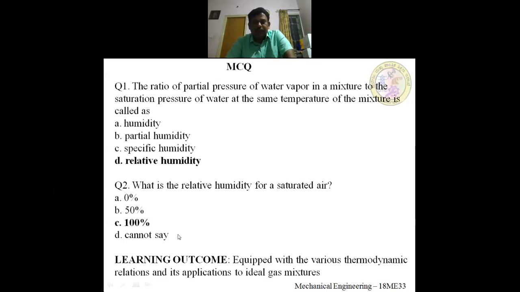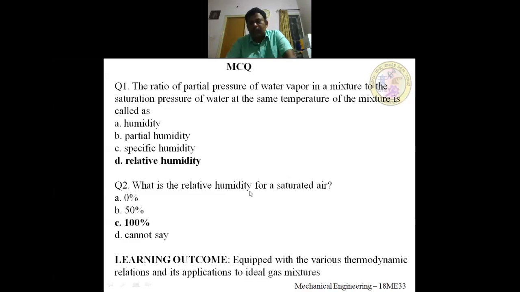With this, you are equipped with various thermodynamic relations and their applications to ideal gas mixtures. So you are able to find thermodynamic properties, and you are able to identify the different relations of thermodynamics also applicable to ideal gas mixtures. This is the learning outcome.